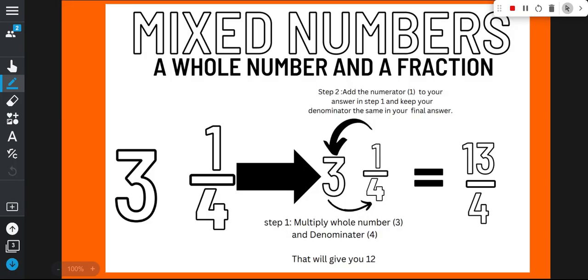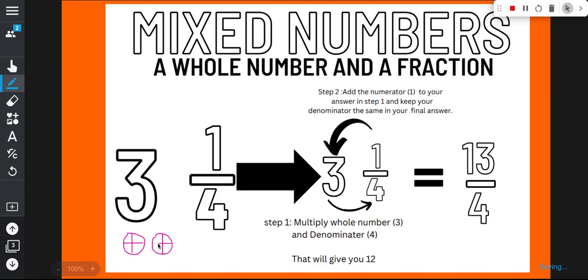Next concept, mixed numbers. If we want to make a mixed number a fraction, we're going to make it mixed and we're going to turn it into improper. So let's really dive deep into what this number means. 3 whole means that I have 3 pieces of these broken into 4, but I have the entire amount of them.